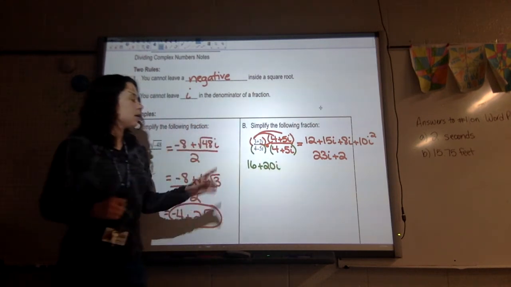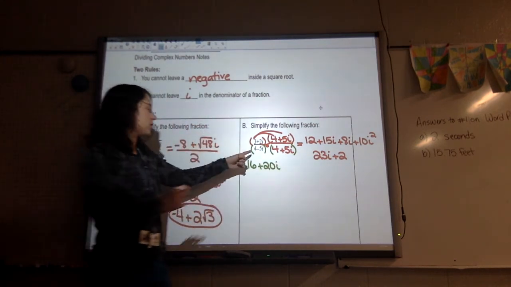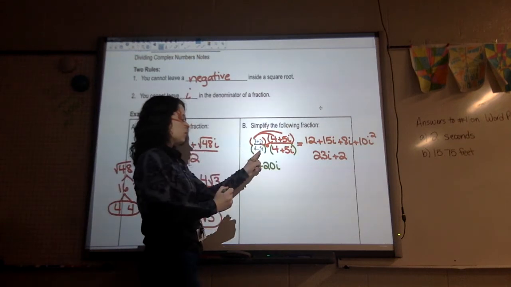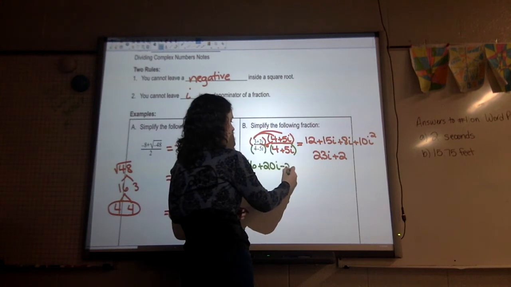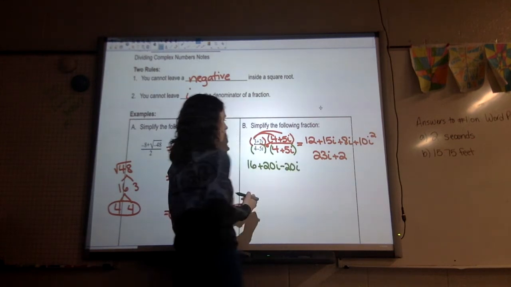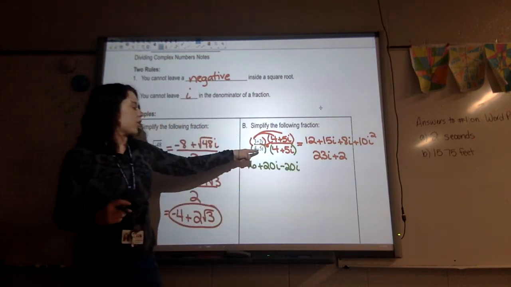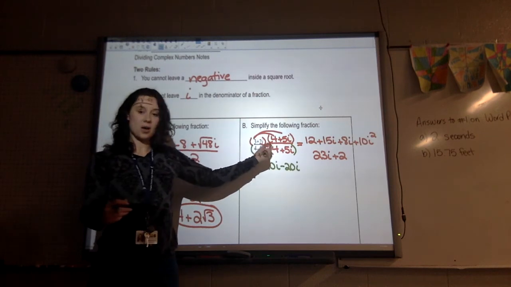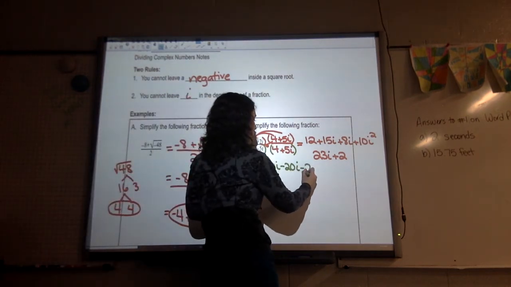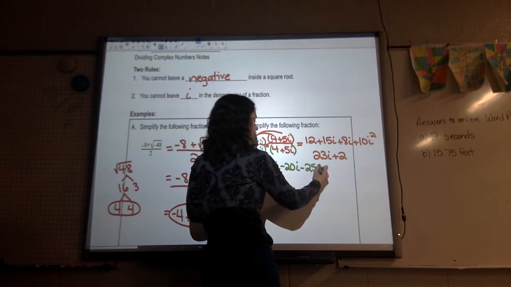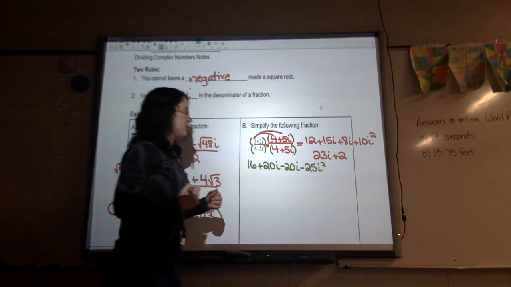Then I go and I distribute the negative 5i. So negative 5i times 4 is negative 20i. And the very last thing here, I have negative 5i times positive 5i. Well, negative 5 times 5 is negative 25, and i times i is i squared.